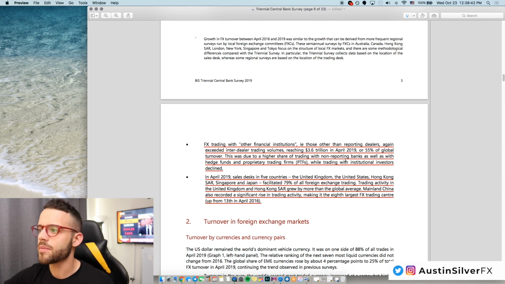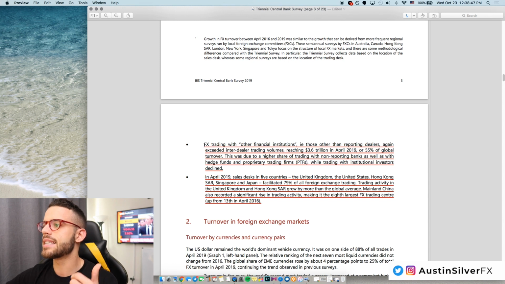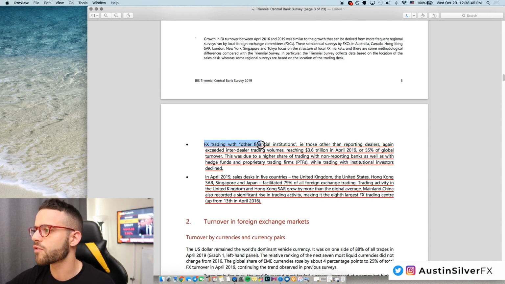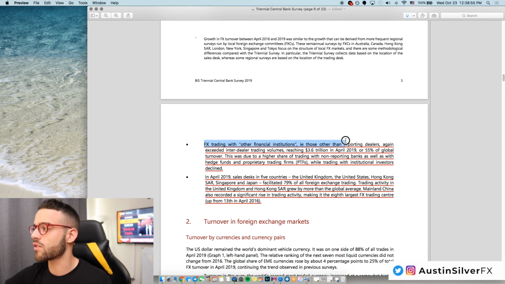Another important highlight, just so you understand, because you're going to be in the retail Forex market, is that it says FX trading with other financial institutions, i.e. those other than reporting dealers, exceeded inter-dealer trading volumes. This was 55% of global turnover.